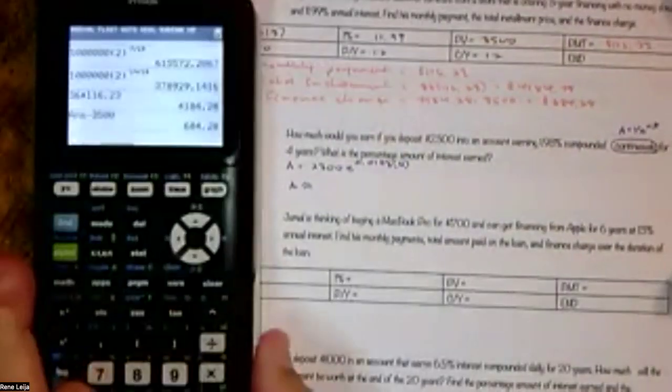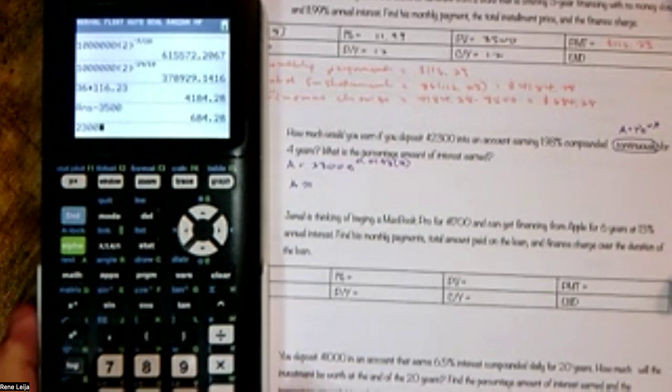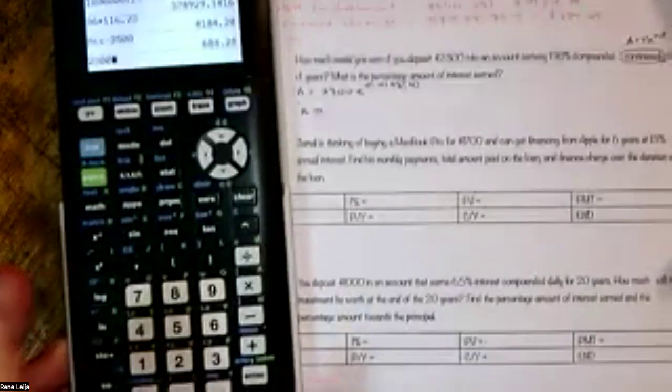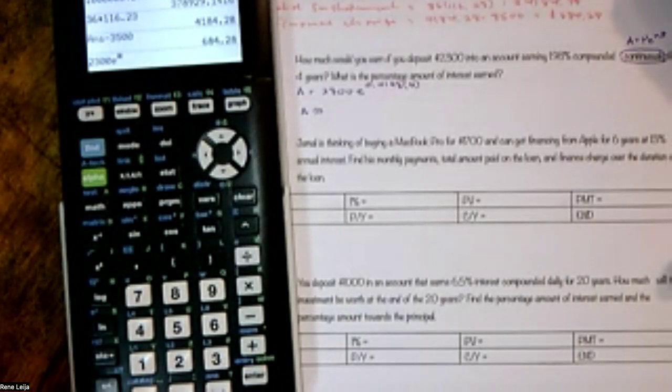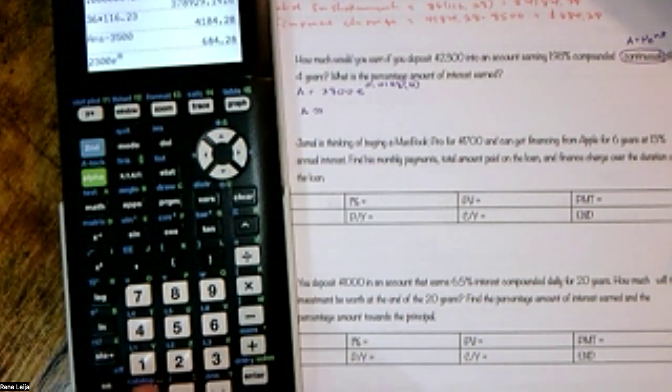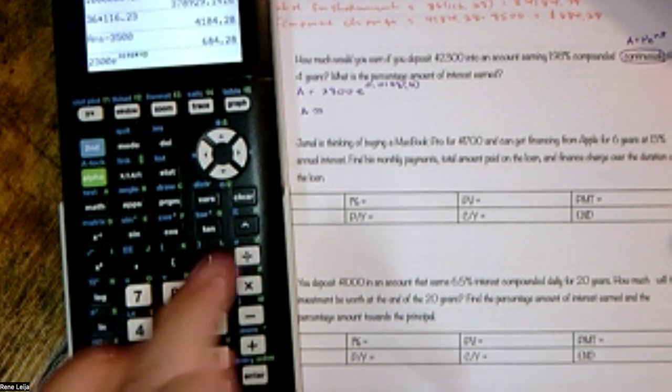Okay, so we're going to get a future value here. So 2,300. Now remember, your E button is going to be second, and then press the LN button to get the E. Now we're up in our exponent. So again, make sure you put all this in parentheses. 0.0198 times 4 power.